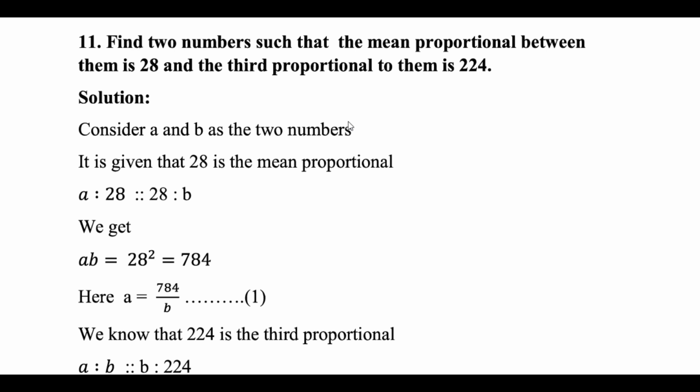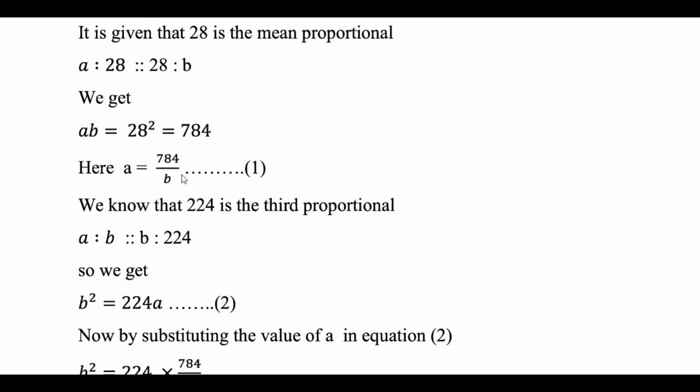So A is to 28 is equal to 28 is to B. So we can write AB is equal to 28 square, that is 784. So A is equal to 784 by B. I am writing that this is equation number 1.